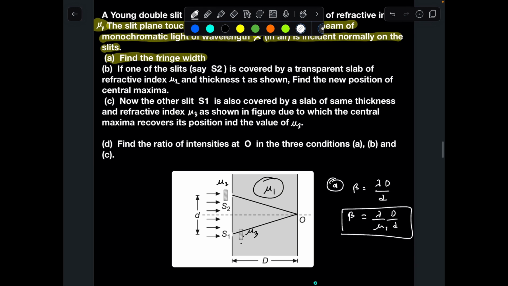In the second question, they're saying that if one of the slits, say S2, is covered by a transparent slab of refractive index mu2 and thickness T as shown, find the new position of central maxima. So here I have introduced a small glass slab of refractive index mu2 and thickness T. What is the new position of maxima?